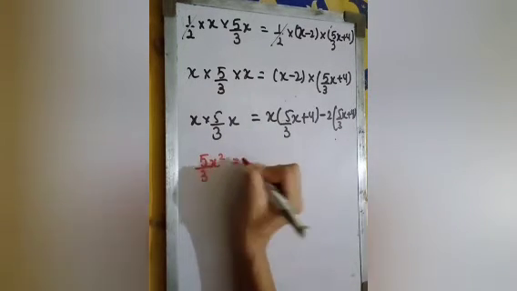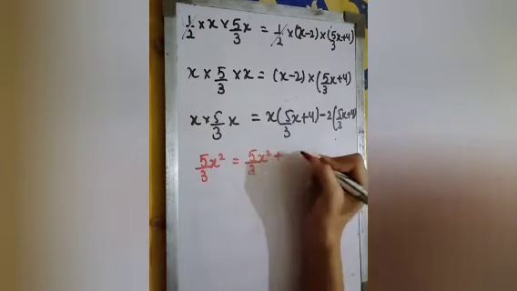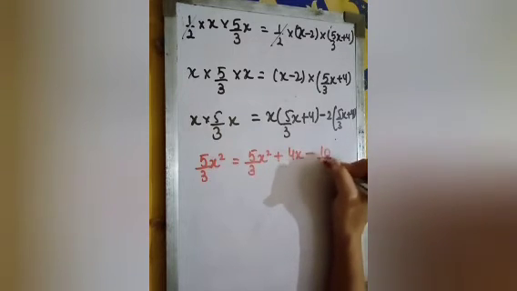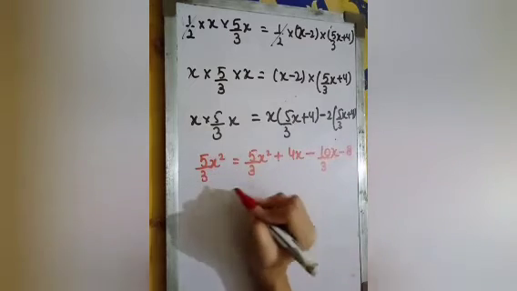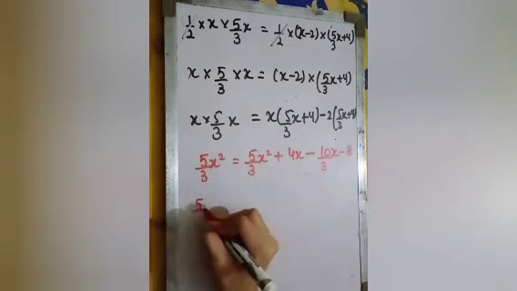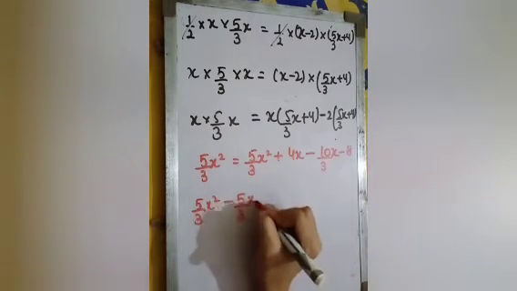5 upon 3x square plus 4x minus 10 upon 3x minus 8. Now this 5 upon 3x square and 5 upon 3x square, when we write these terms together, they will cancel each other.